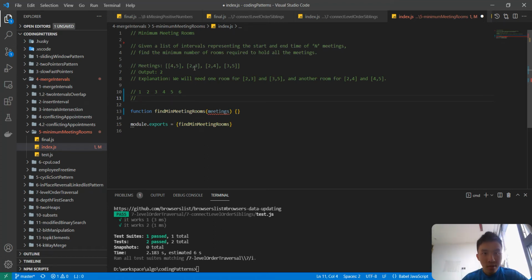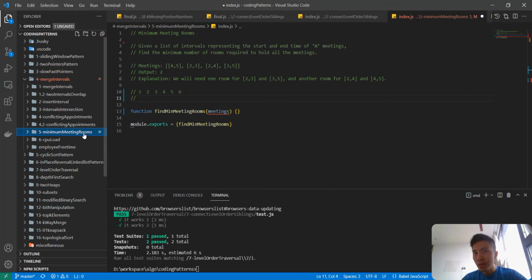But for these kinds of problems where you're given a list of intervals in arbitrary order, and it has something to do with intervals overlapping, we probably want to sort the meetings, the intervals, by start time, right?